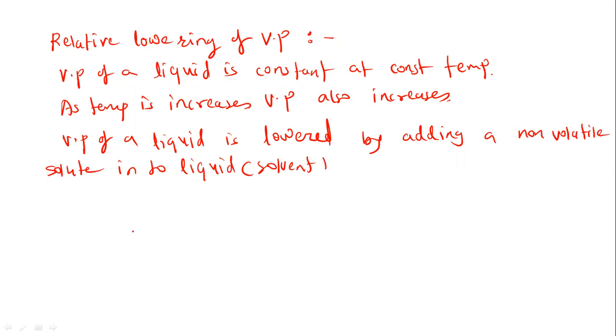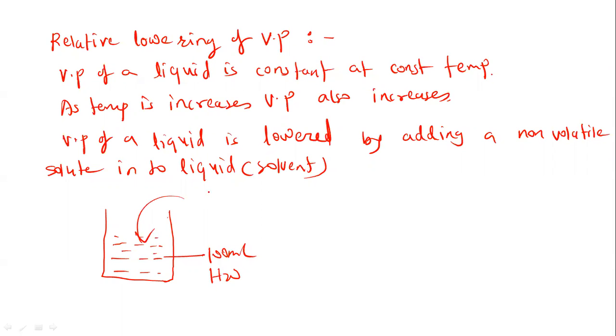Let us take an example. If we have taken 100 ml of water in a beaker, and now we are adding, suppose, 1 gram of sodium chloride, what happens? Due to the addition of sodium chloride, the vapor pressure gets reduced here.